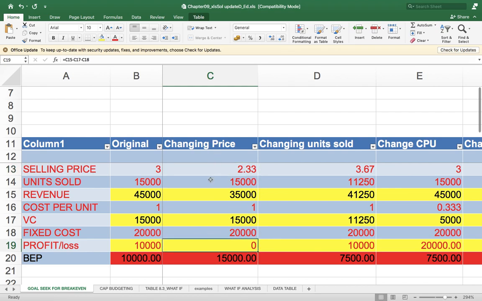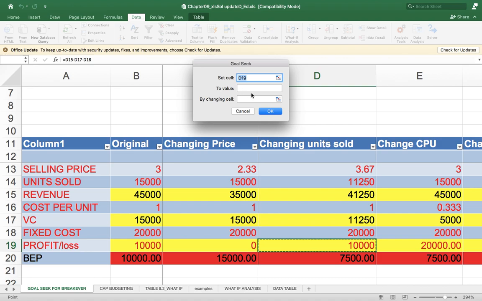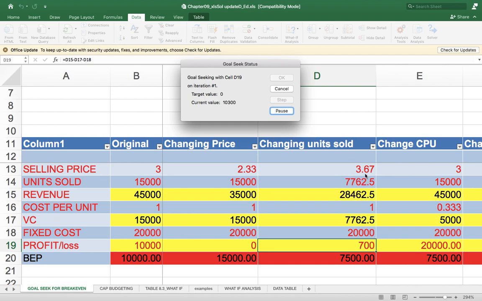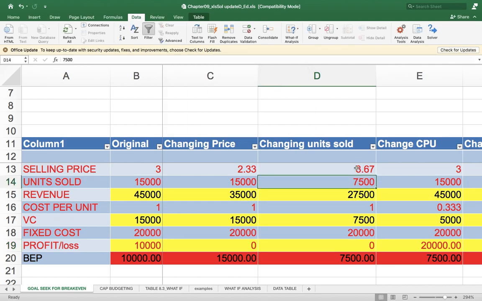Similarly, changing the units sold, because break-even means zero. So if you sell 7,500 units at the 3.67 price, you will get zero.